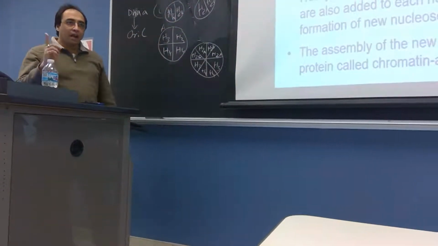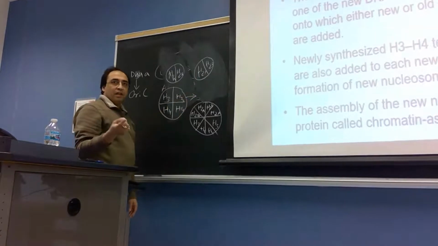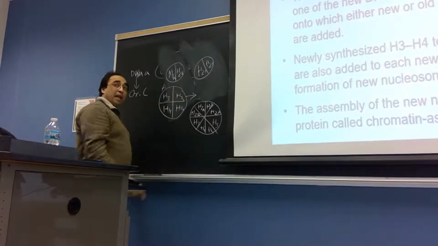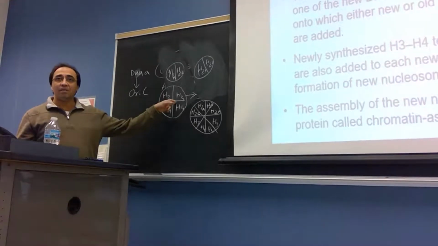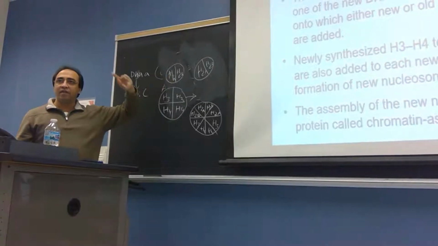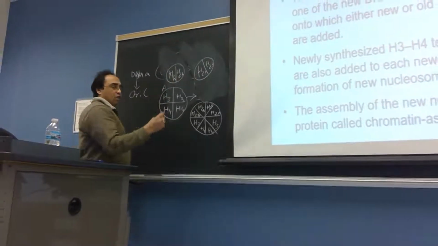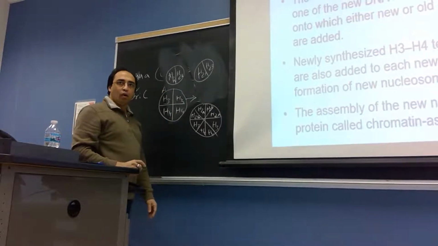Now what is happening here? This one can go to the DNA. They are replicated here by the histone chaperones. So from one tetramer, another tetramer is formed. From one dimer, another dimer is formed. Now the joining is not always old one with old one.